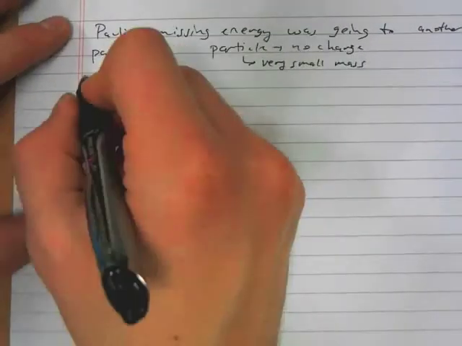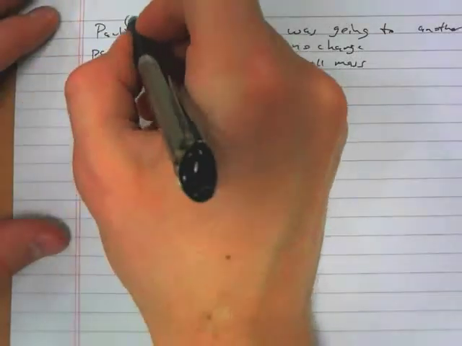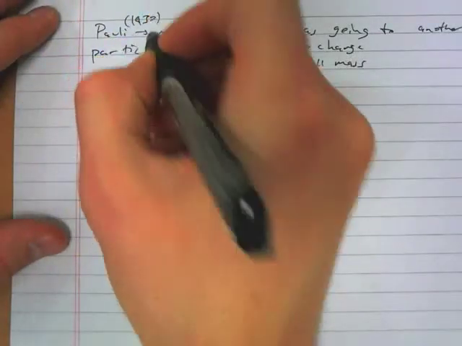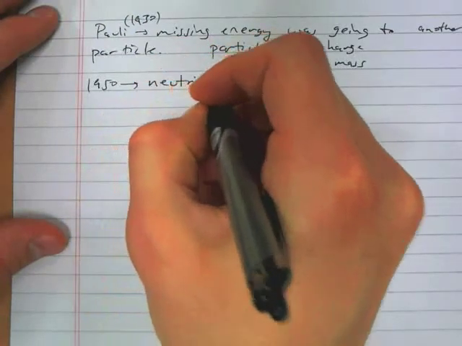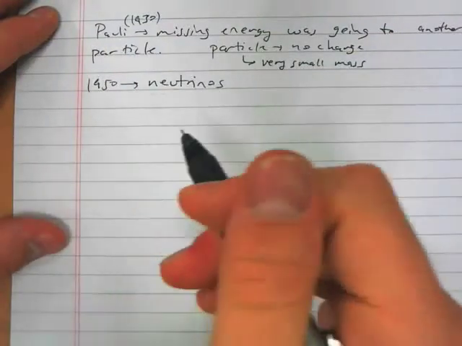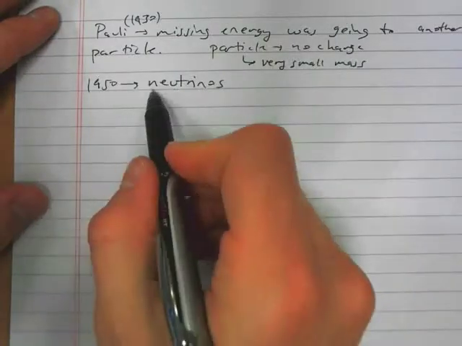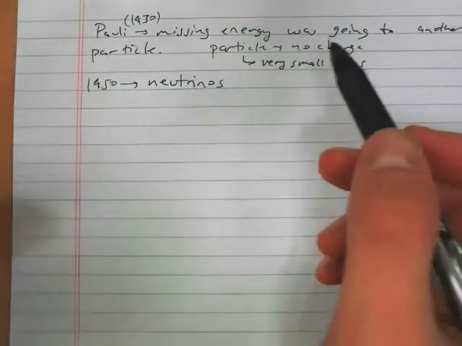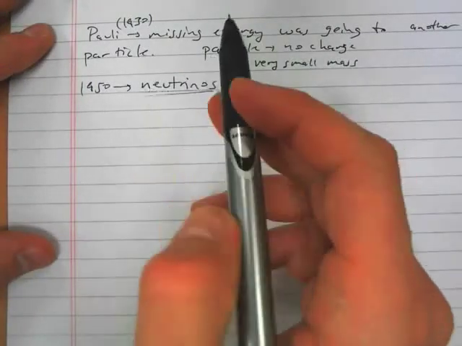And then Pauli said this in 1930, and 20 years later, they finally observed neutrinos, which were this particle that's floating around, and they account for the missing energy. There was also momentum that was not conserved, but these neutrinos then accounted for the missing energy and momentum.